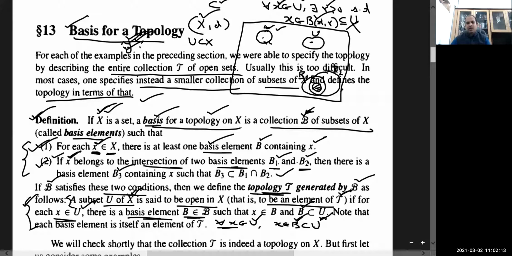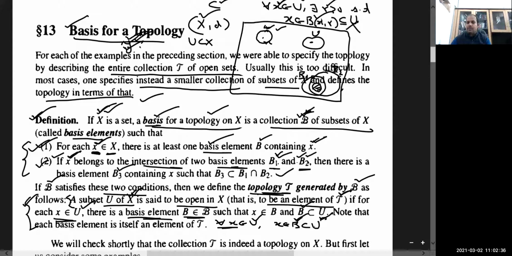So around each x we have at least one member from this collection. And the second condition is that suppose there are two members B1 and B2 from this collection. Remember, the second condition you have to check when such B1, B2 exist.